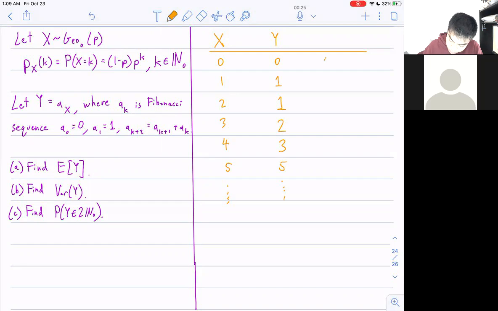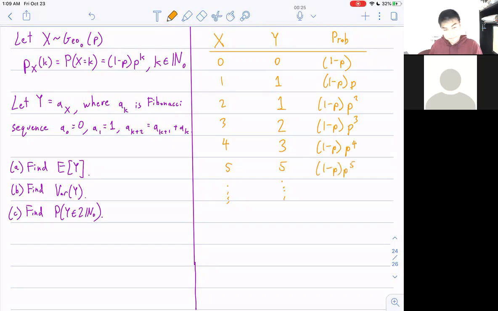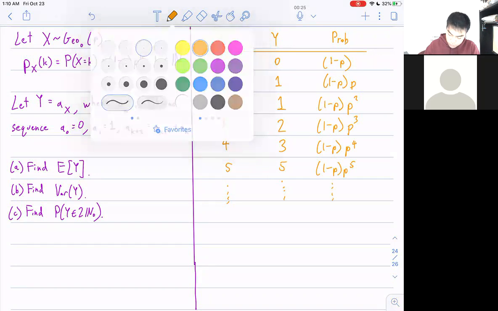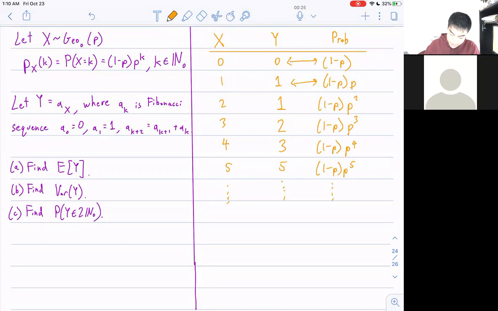And the resulting probabilities would be 1 minus p times 1, 1 minus p times p, 1 minus p times p squared, 1 minus p times p cubed, 1 minus p times p to the 4th, 1 minus p times p to the 5th, and so on. And then the properties I'm trying to correspond to are between y and this probability, not x and the probability.